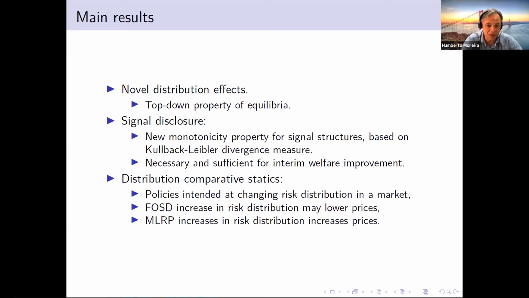But if you use a stronger notion of comparison like MLRP, then that's exactly the precise concept that leads to this comparison between risk distributions, right?